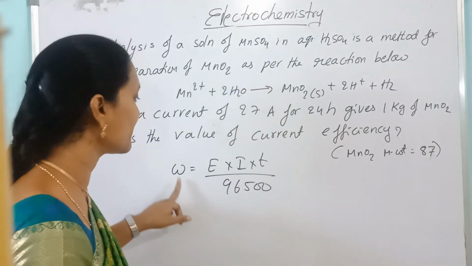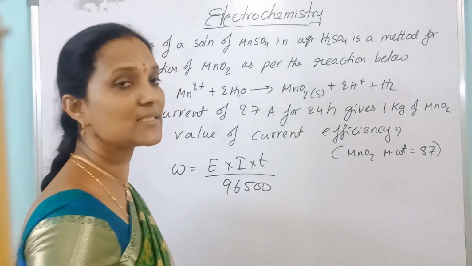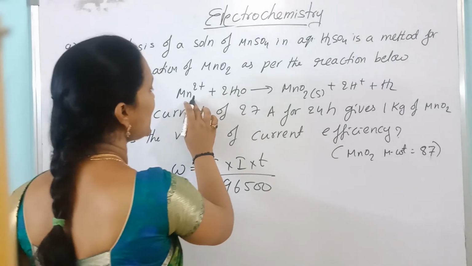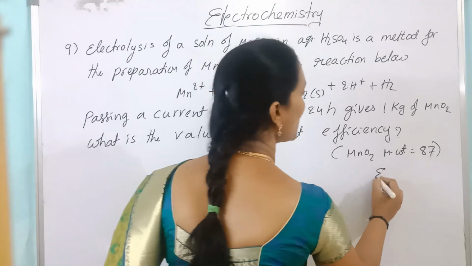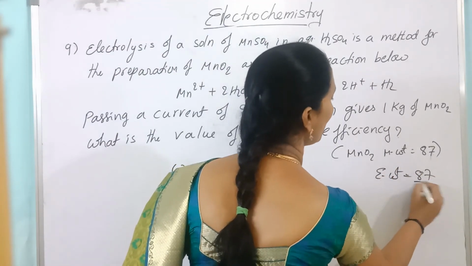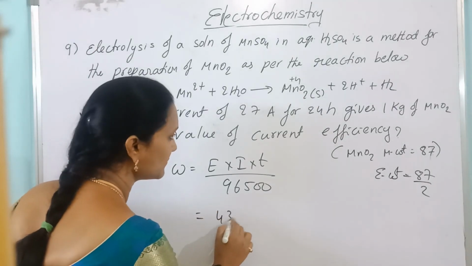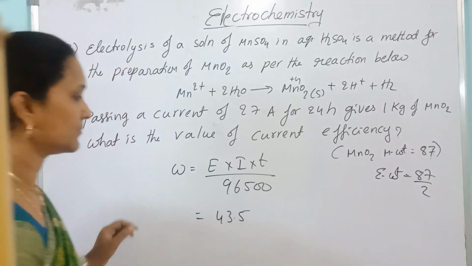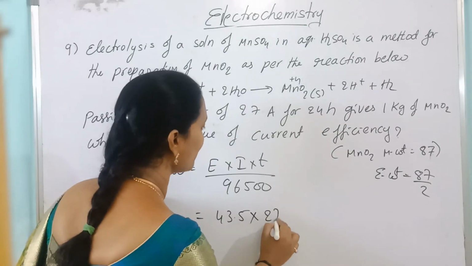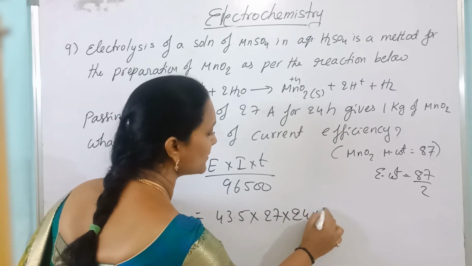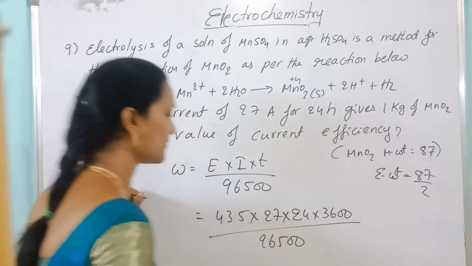So how to find this? First calculate the mass, E into I. What is this E value? Molecular mass is 87. For the equivalent mass, see this: Mn2+ changes to Mn4+, nothing but 2 electrons. Equivalent mass is equal to 87 by 2, that is 43.5, into the current 27, into 24 hours, that is 3600 seconds, by 96,500.